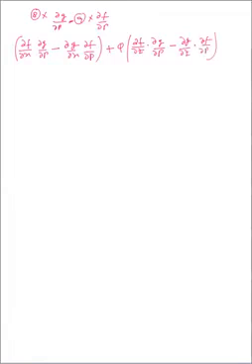Then we have del phi upon del x we can take common, and del f upon del p into del g upon del p minus del g upon del p into del f upon del p. So this cancels out.